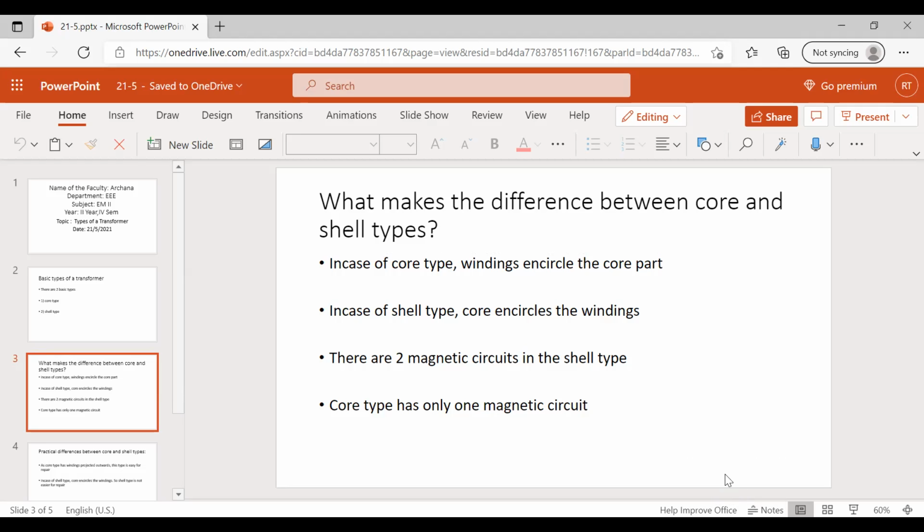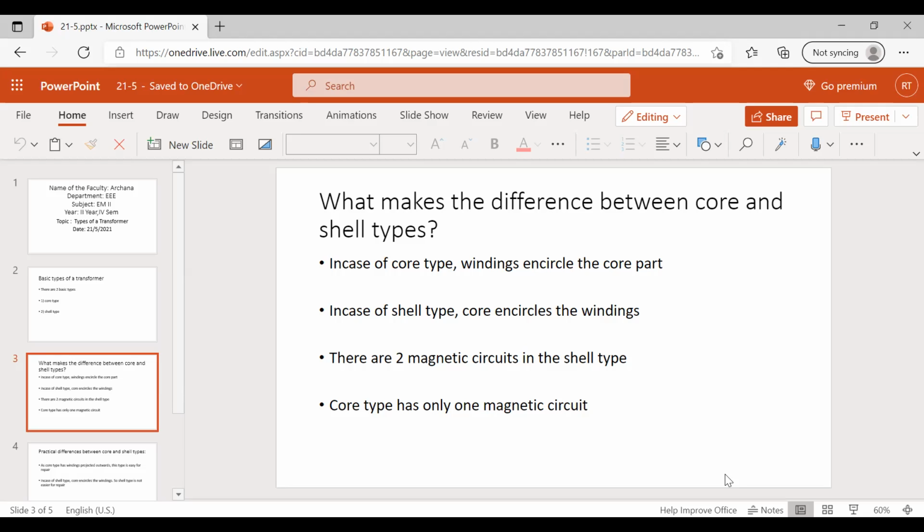The transformer primary and secondary are electrically isolated, but both are magnetically coupled with each other. Core type and shell type both have their own advantages, pros and cons, and applications.